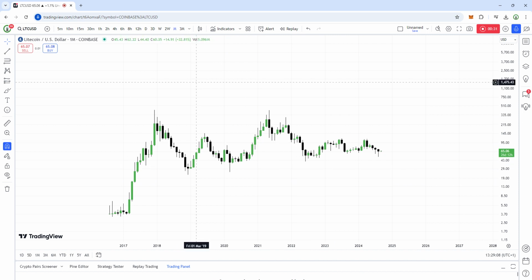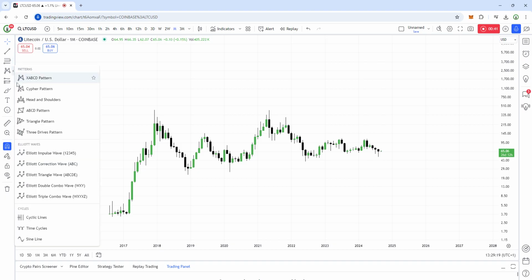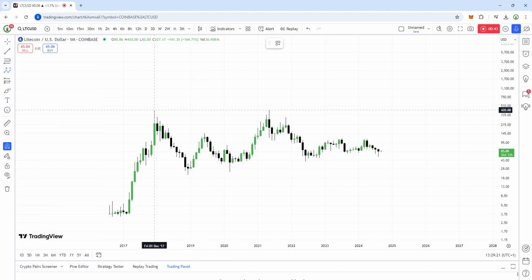At the minute, I am on the monthly time frame, and this is what I think is happening. I think it's very similar to what Bitcoin Cash was doing. I think we've got this ABCDE corrective pattern.